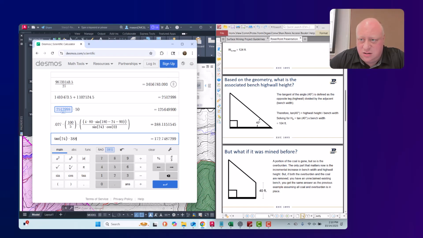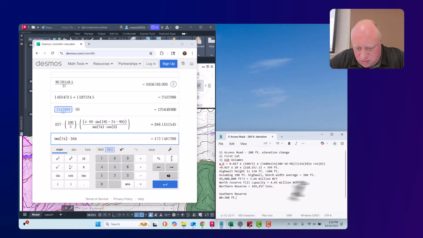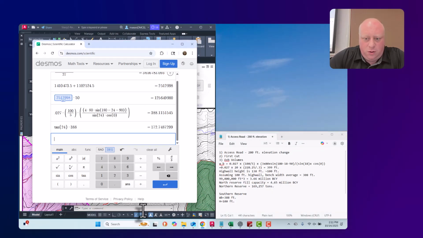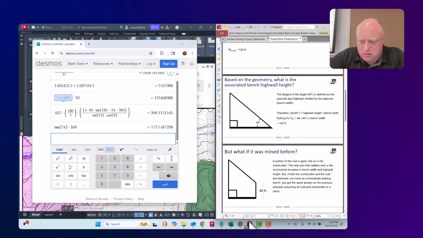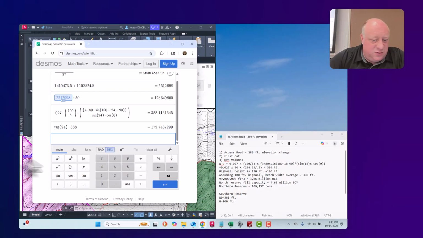So once again, I'm going to limit our high wall height to 100 feet. Then recalculate that average bench width by taking the height divided by the tangent of 24, where height is 100 feet.